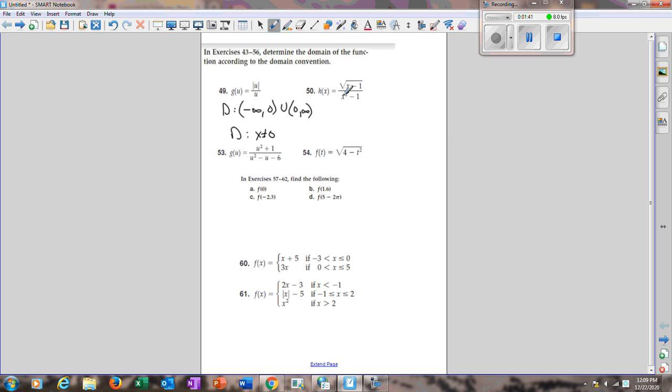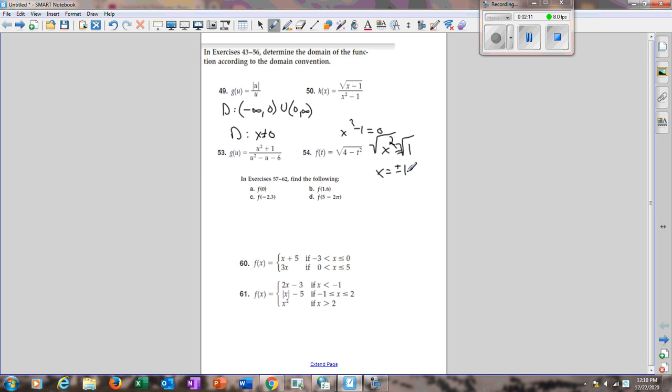First I need to figure out what would I put in the bottom that would give me a 0. So I can set the bottom equal to 0. If I add the 1 over, it gives me x squared equals 1. Take the square root of both sides, and that gives me x equals plus and minus 1.